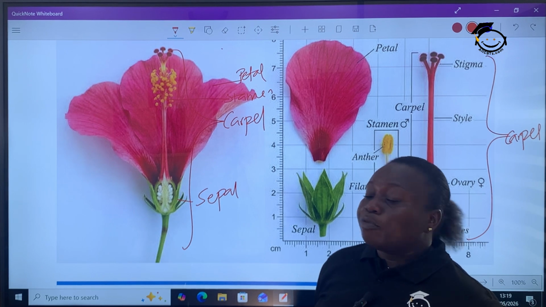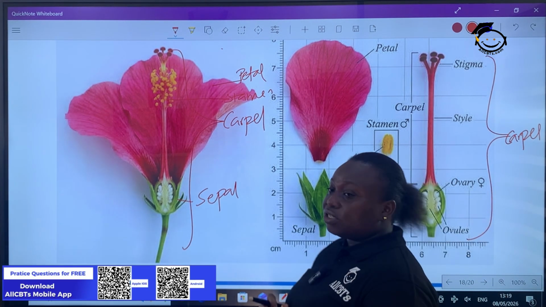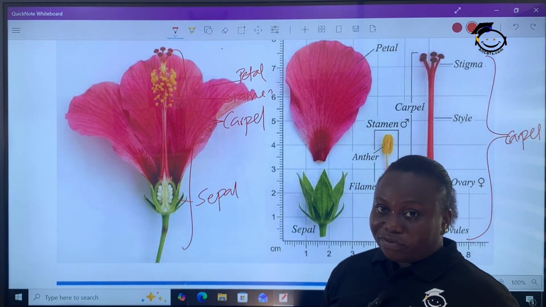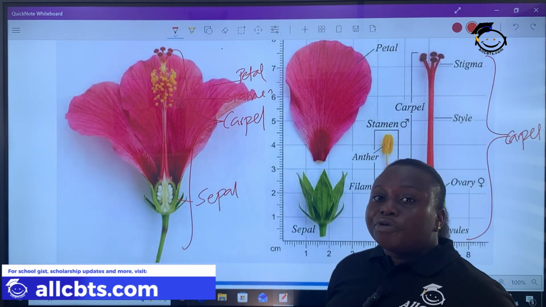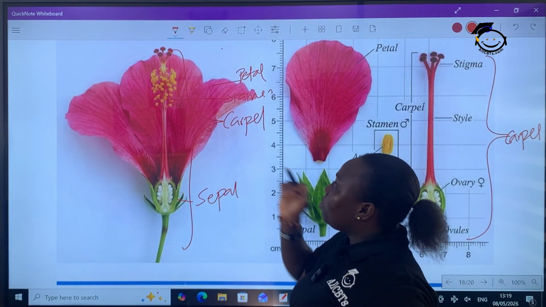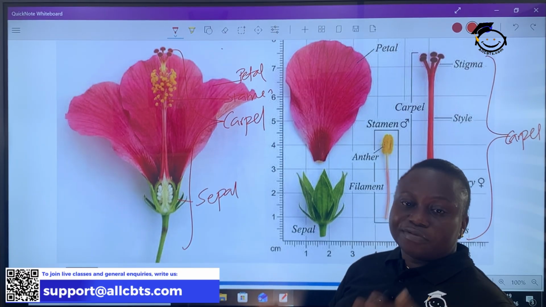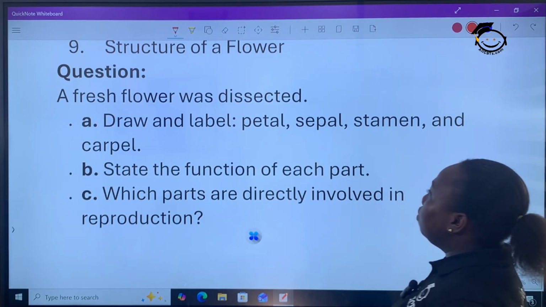The sepal, when the flower is still in the budding season, protects the flower itself. For the stamen, you can say this is the male reproductive part of the flower. Then the carpel, we can say this is the female reproductive part of the flower. These are the functions of those parts.